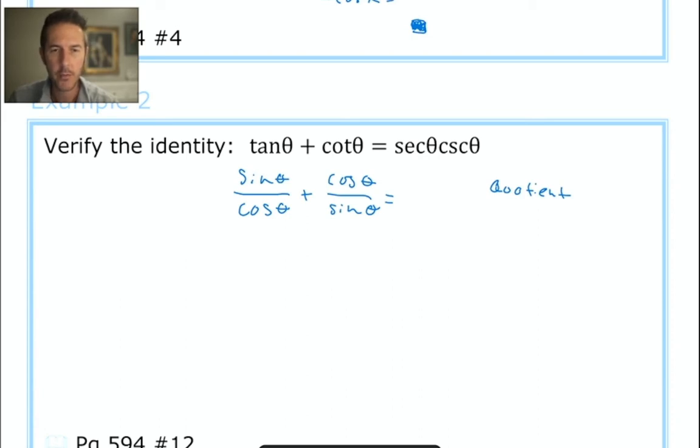What are we going to do next? The right-hand side is all kind of smashed together and attached by multiplication. Maybe if I make a common denominator. I don't know. Let's try it. I'll take the first fraction and multiply it by sine over sine.